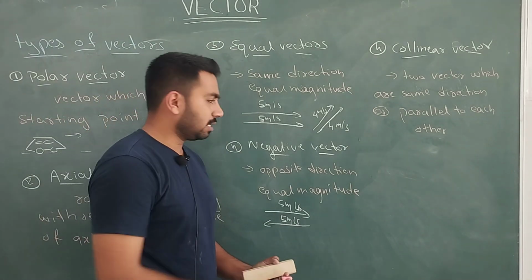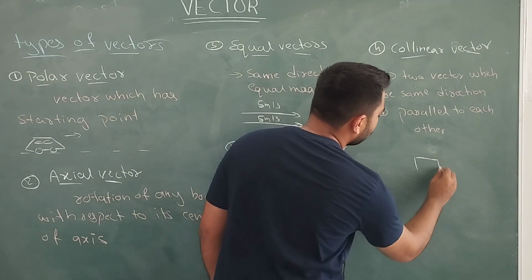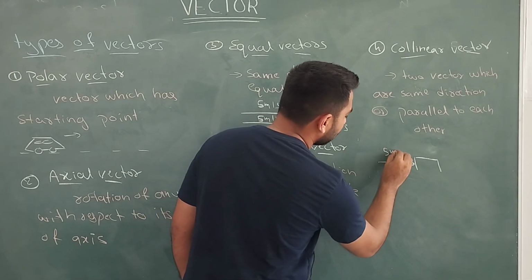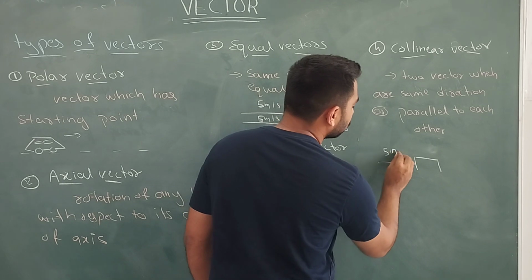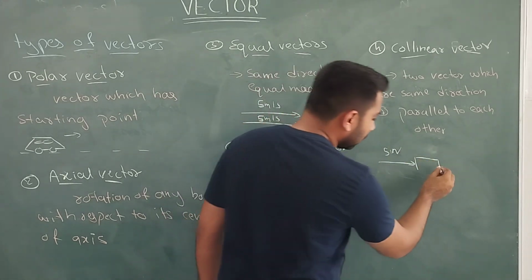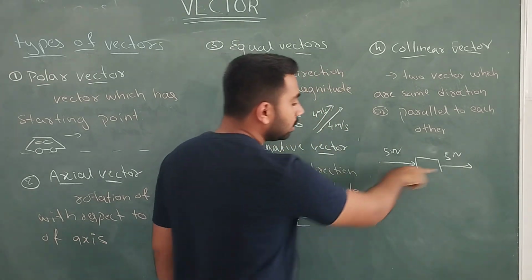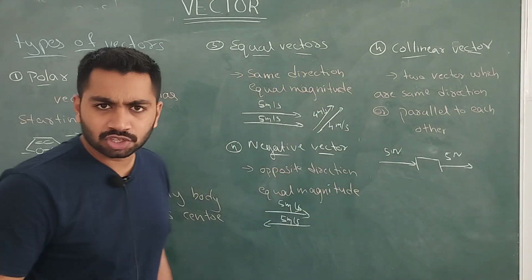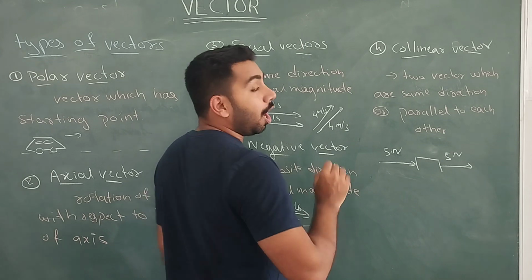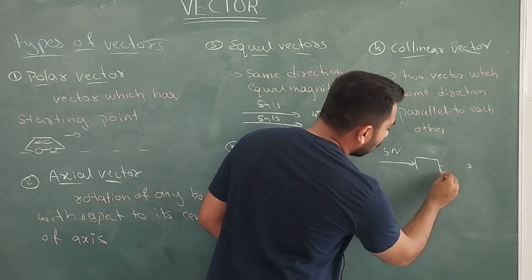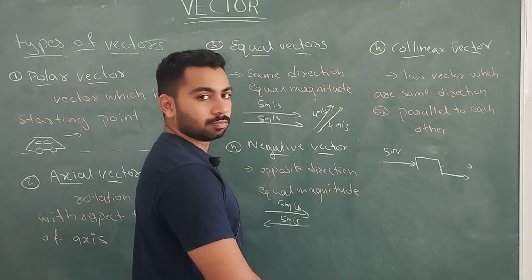For example, if it is a block, and here 5 Newton of force is acting, and here also 5 Newton is acting, then both will be in the same direction, or else it may be down also.